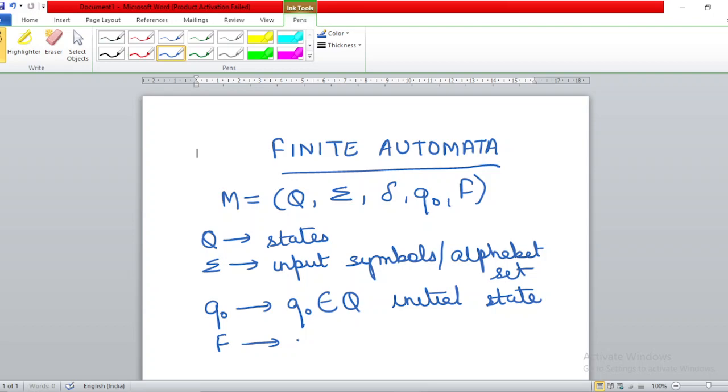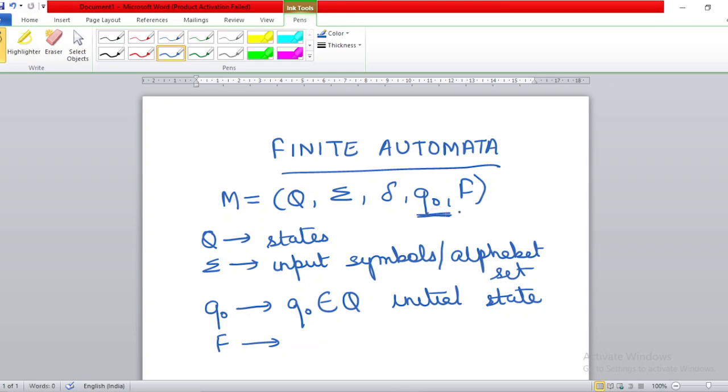There can be more than one final state in the finite automata, which is referred to by F. Although in the finite automata you will have only one initial state, which will be written over here. If Q0 is the initial state that you have considered, you will write Q0 over here. If you are considering Q1 as the initial state, you will write Q1 over here, and so on, right?